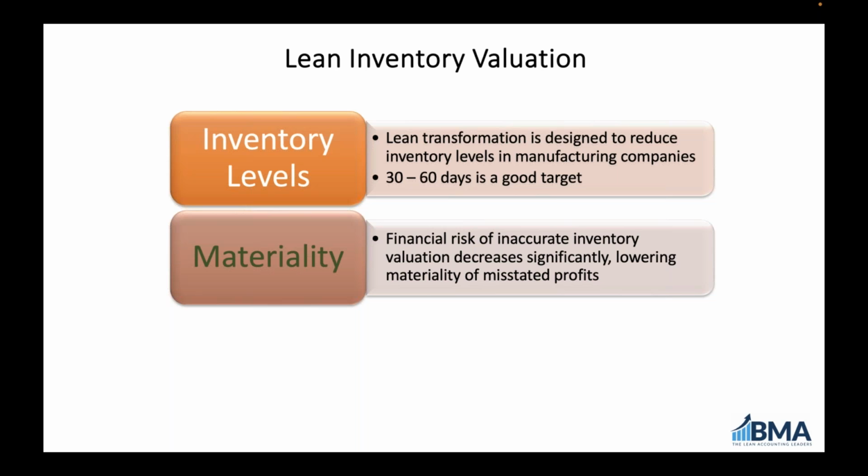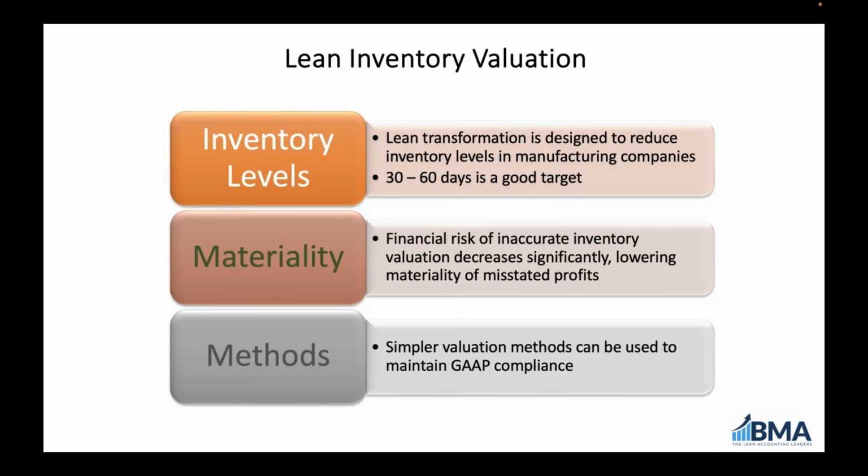And methods, there are simpler methods you can use to maintain GAAP compliance rather than standard costing. Now, I personally experienced this as a CFO. It's been a few years, when I was CFO at Bullard.